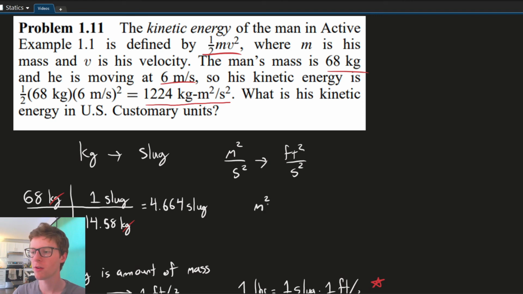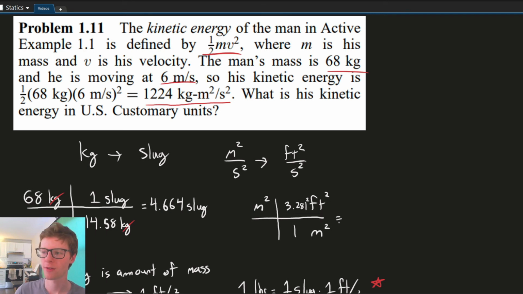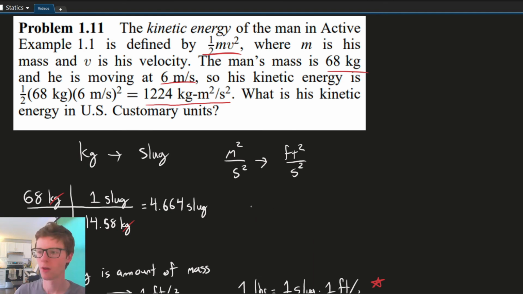The next one's going to be meters squared converting to feet squared. If we look at that conversion, that is 3.281 squared feet squared per meter squared. So our next bit is converting meters squared to feet squared.